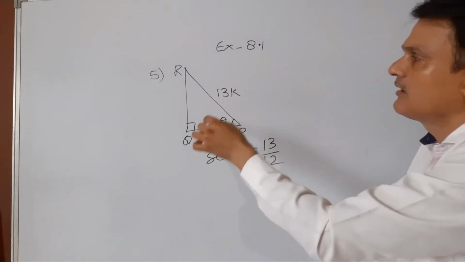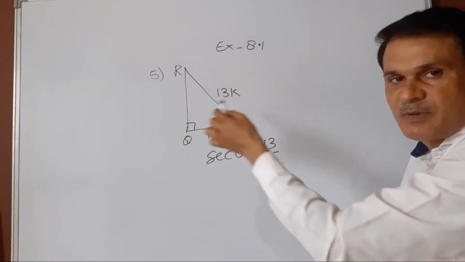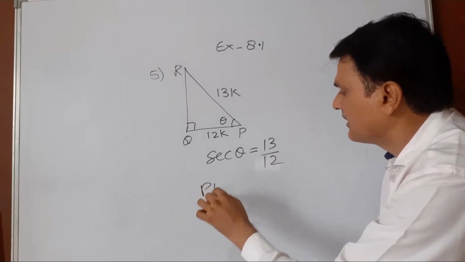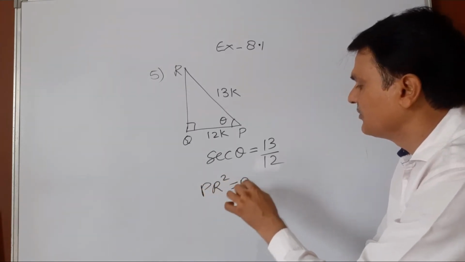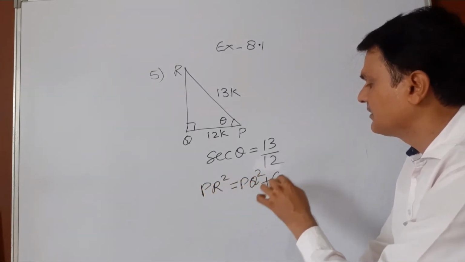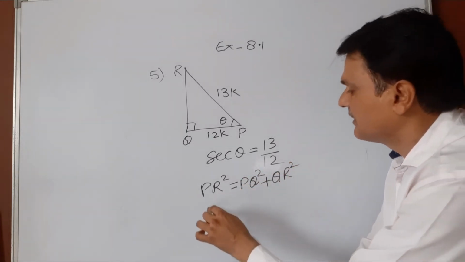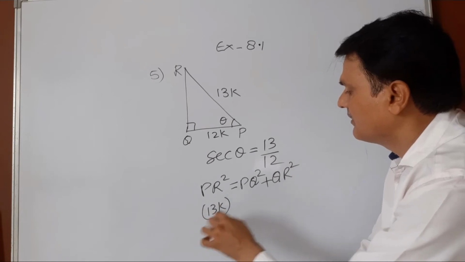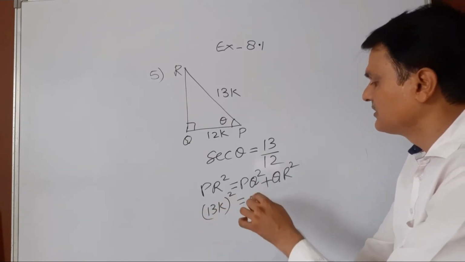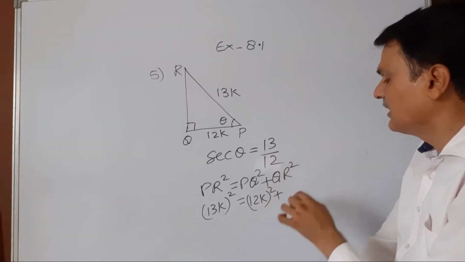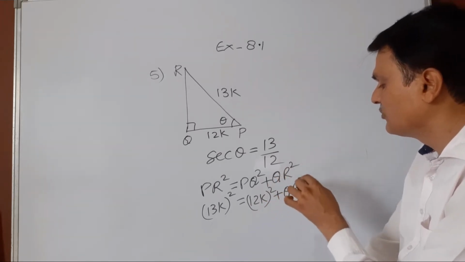Now we have to find out QR. So we apply the Pythagoras theorem in this triangle: PR square equals PQ square plus QR square, and PR is given as 13K whole square equals PQ, which is 12K, whole square plus QR square. We have to find out QR here.